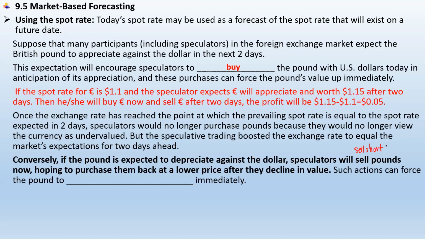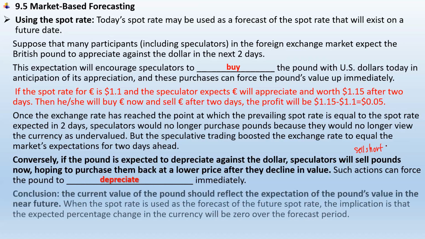They will borrow British pounds, and once the British pound price goes down, they will buy back and return those pounds, and they will make a profit. They will keep short selling, and this will put a downward pressure on the British pound. Its value will depreciate against the US dollar immediately.